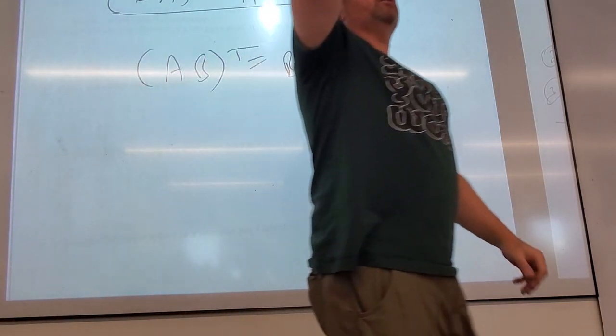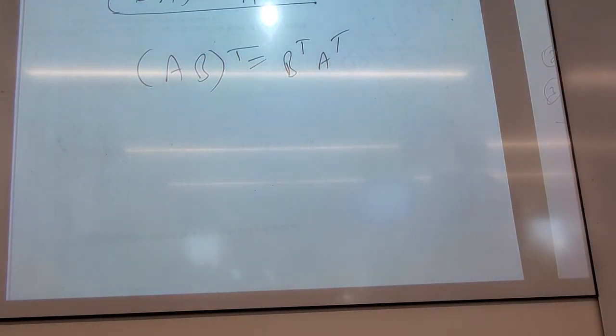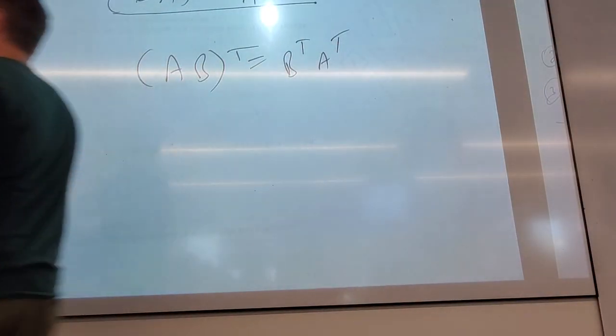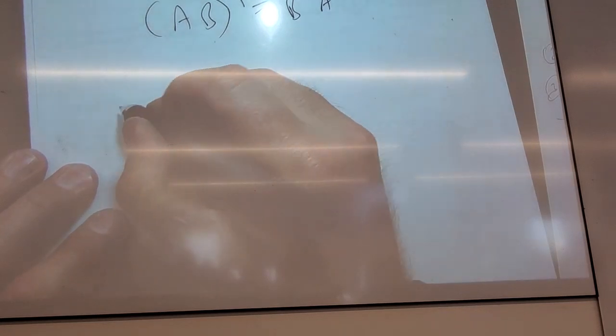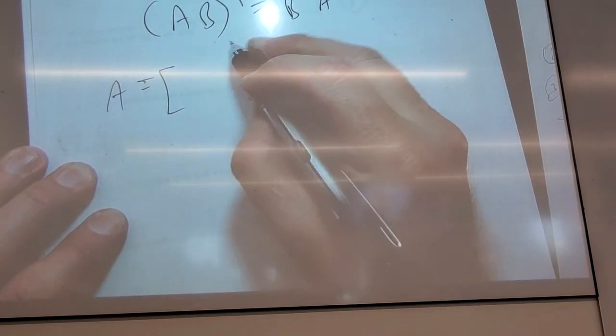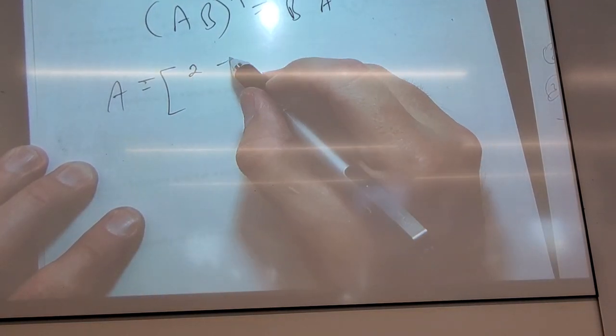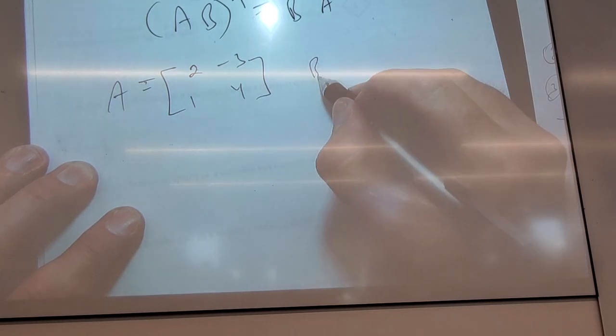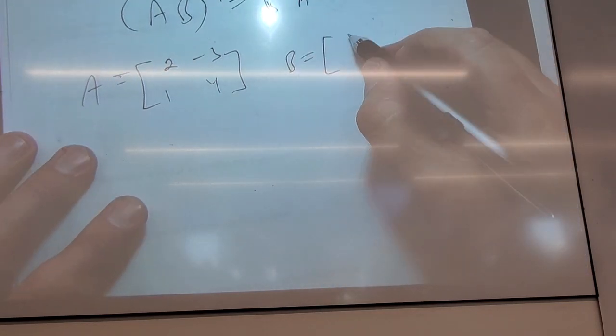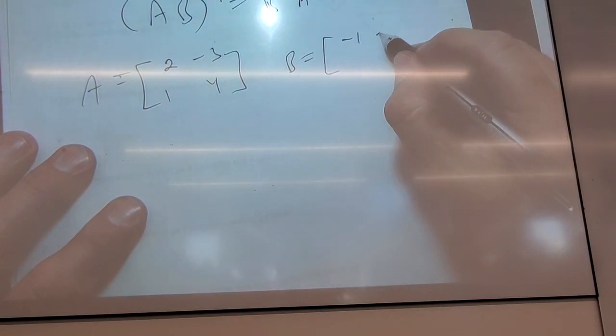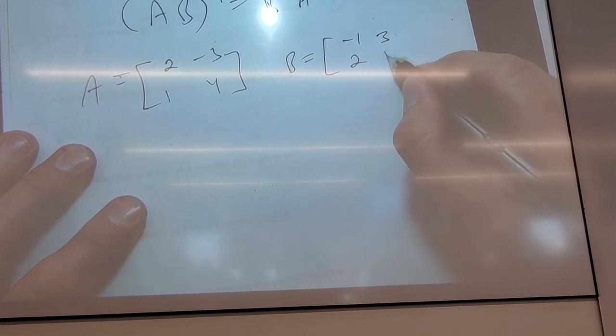Now, we could do specific concrete examples of this, right? We'll do one just to really verify. Let's say that A is, let's just make it 2 by 2 to do this quickly, 2, -3, 1, 4, and B is -1, 3, 2, 1.